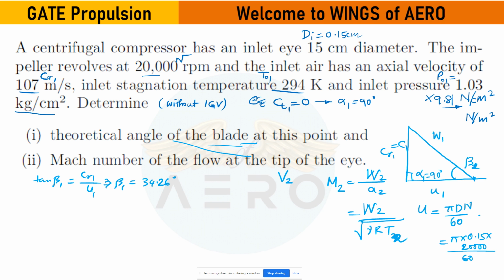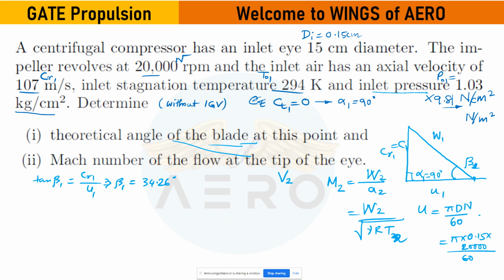And the inlet pressure is 301. Which one? They always give the stagnation pressure. Inlet pressure, how are we taking it as stagnation inlet pressure?